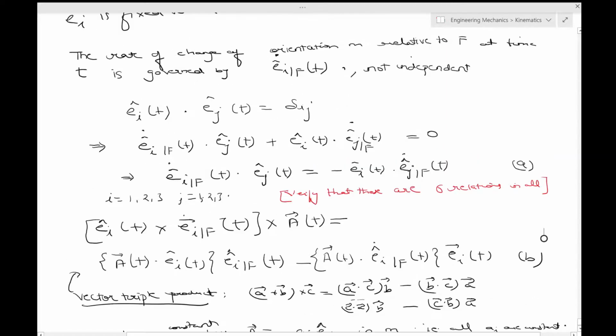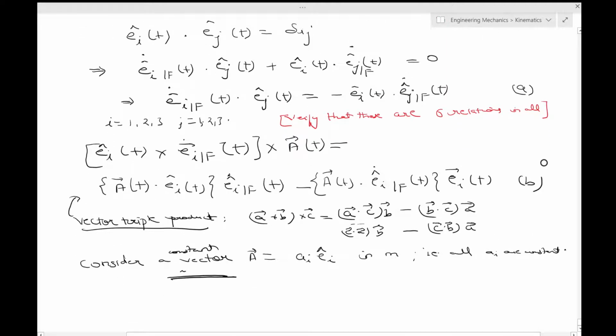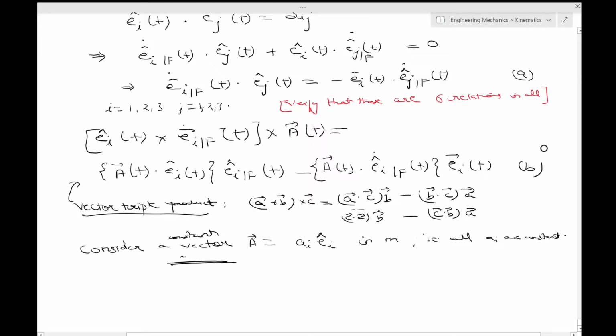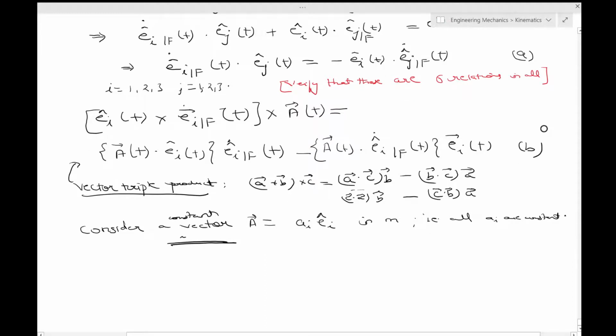So let's see if we can write this. A of t is equal to Ai ei of t.